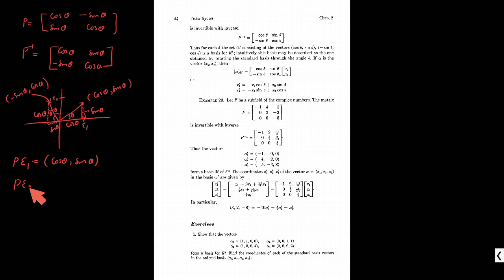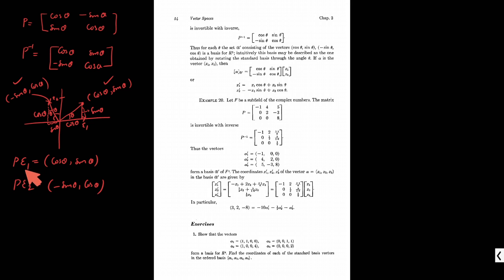Similarly, when you evaluate P epsilon 2, you get the other vector as (minus sin theta, cos theta). So these are P epsilon 1 and P epsilon 2, these two vectors. So the action of this matrix P is nothing but the rotation of the axes, the rotation of every vector in R2. So this P can be considered as a rotation matrix.